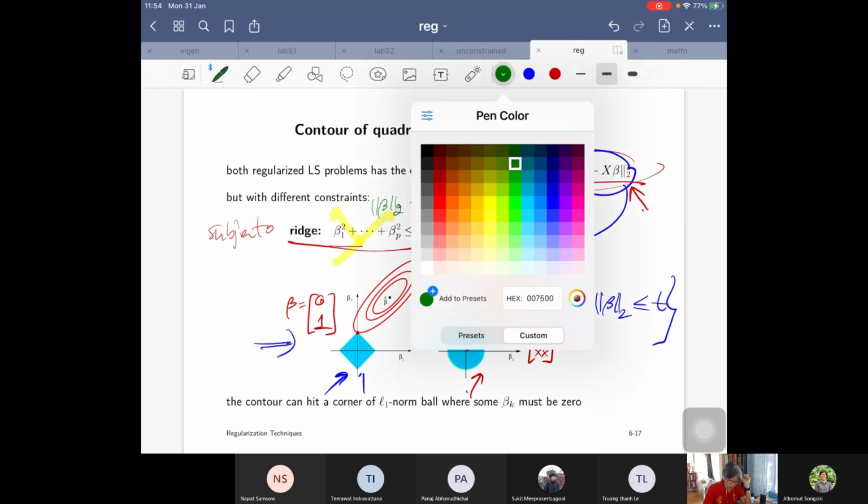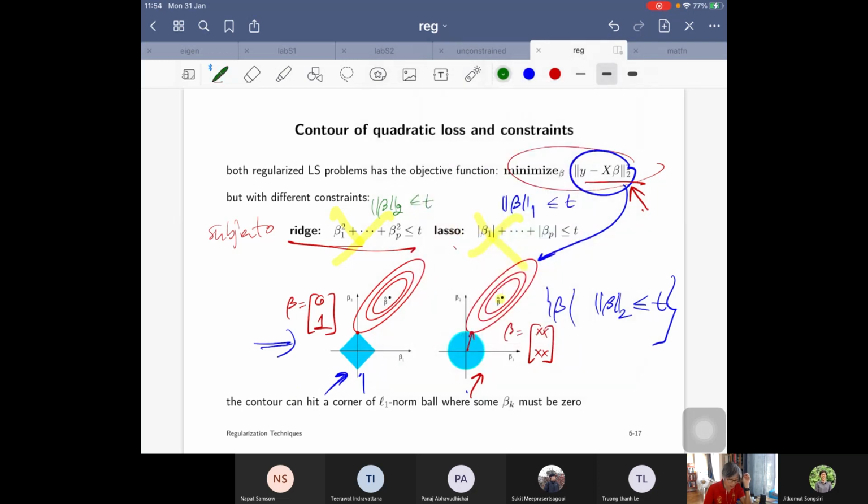This is why the lasso solution is sparse: the contour will hit this L1 norm set, and it's more likely that it hits the vertex. Of course, there's a chance that it can hit on the side as well, but whenever it hits the vertex, that's how you get a sparse solution, because one of the entries is 0.